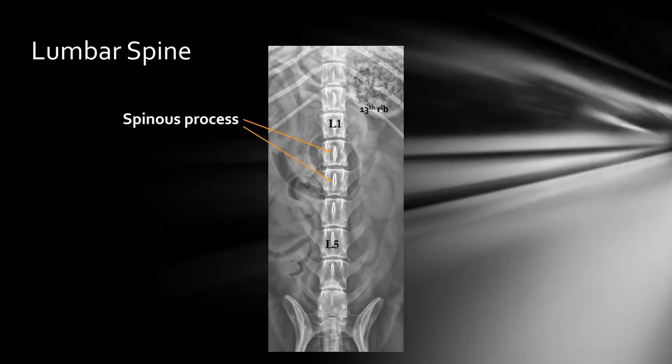On the VD view, as we already talked about, on a straight radiograph we recognize the spinous processes as teardrop-shaped, elongated structures right over the middle of their corresponding vertebrae. The transverse processes also should be symmetric and extend cranially and ventrally.